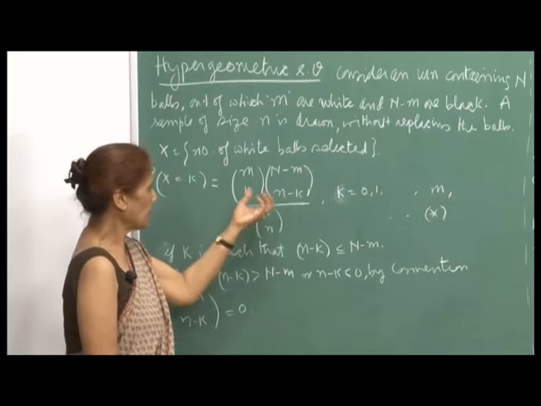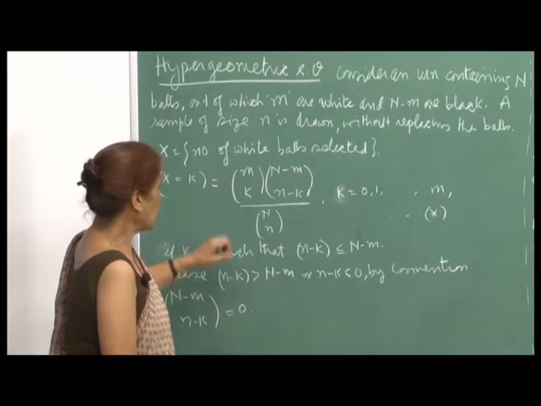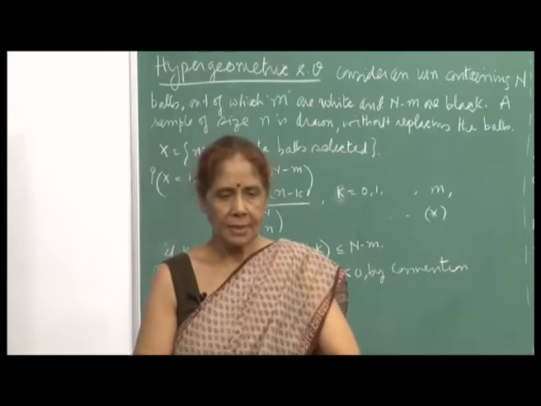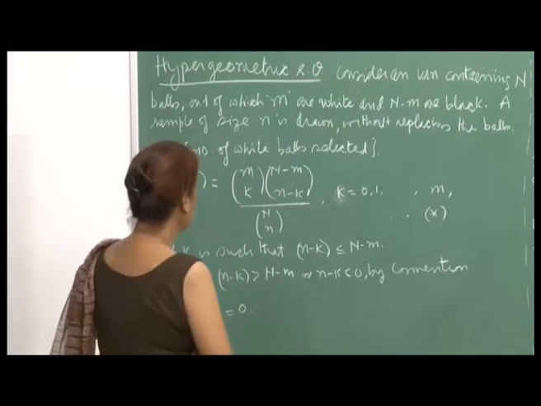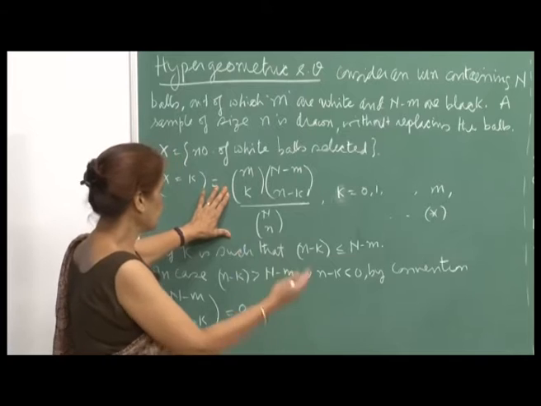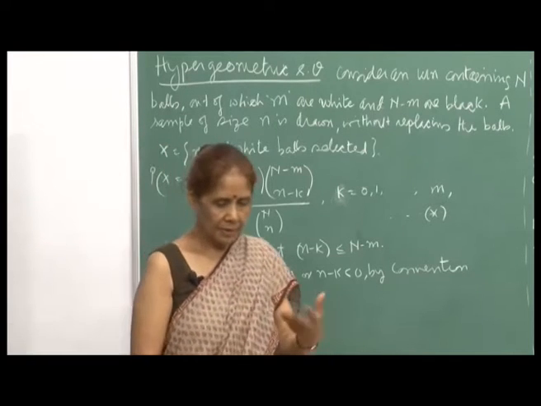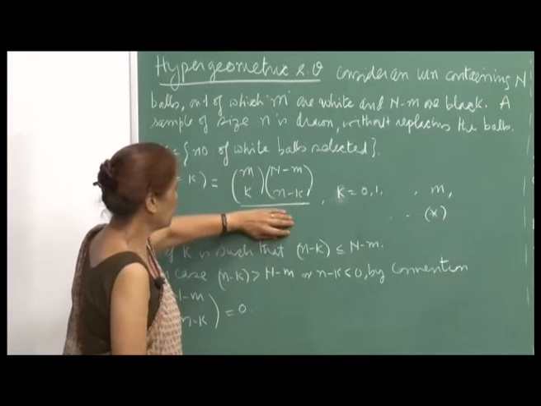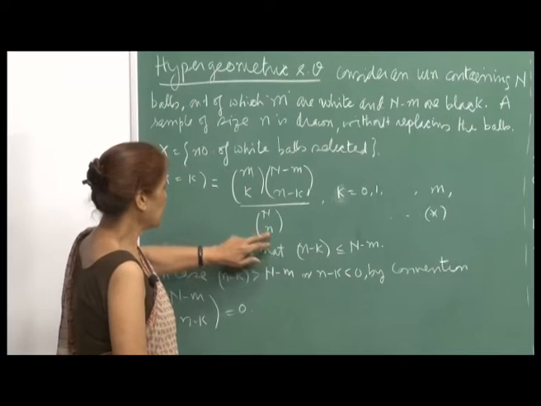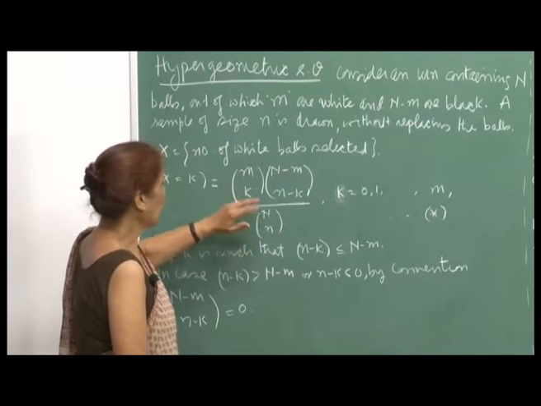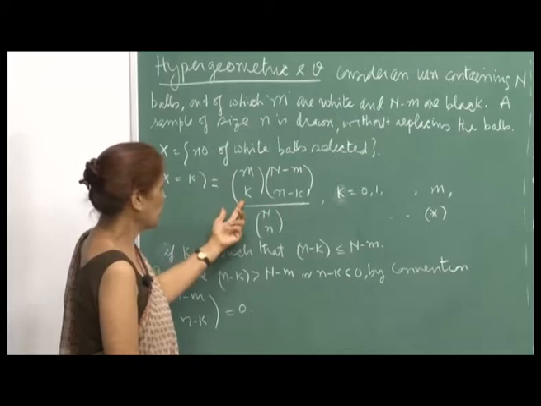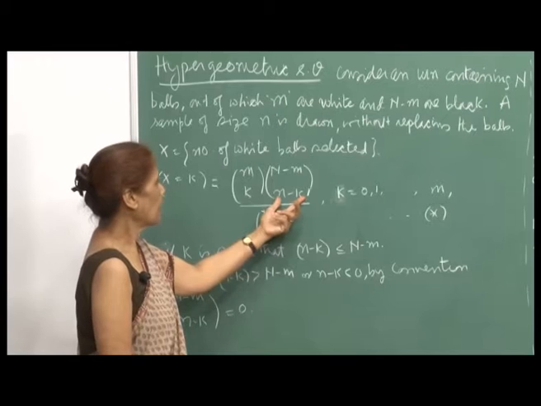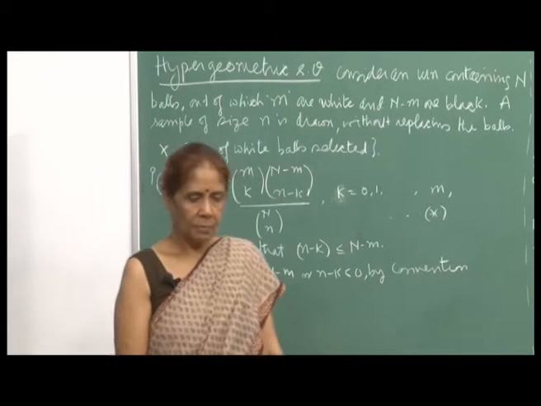Your total sample size is small n balls, and the total number of ways of selecting n balls from capital N balls is N choose n. We have already gone through this when we were talking about the counting procedures, and this gives you the total number of possible ways in which you can select n balls out of capital N balls, and the numerator gives the number of ways in which you can select k white balls from m white balls and n minus k black balls from N minus m black balls.